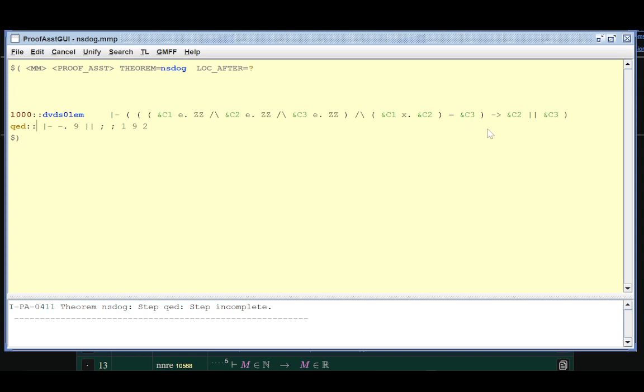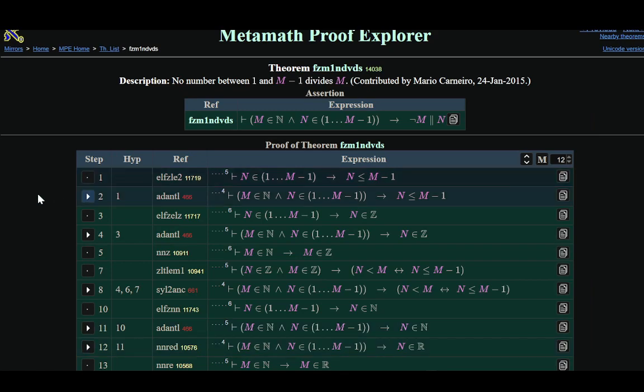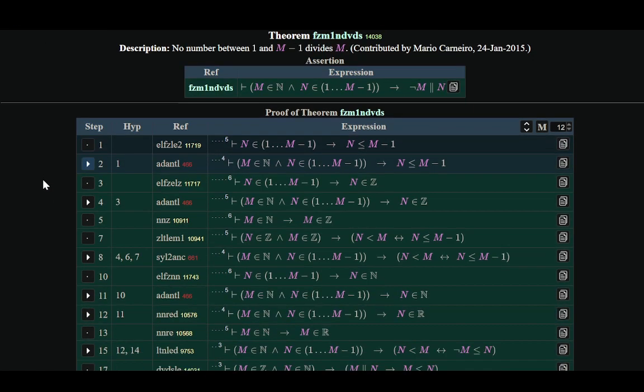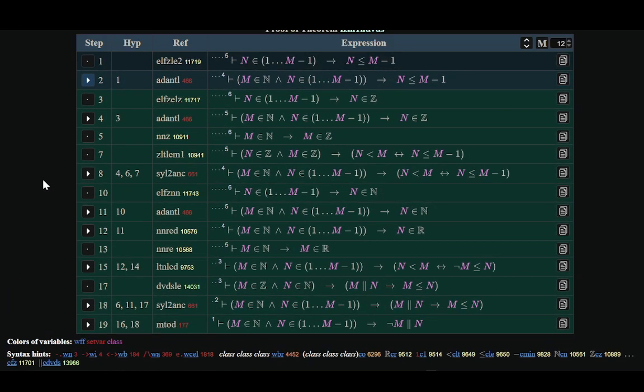It's interesting to think about how to prove it, because I don't think this dvds01lem is particularly useful, because that establishes that this is true, but it doesn't. We're going to need an if and only if statement. How have they done it here? It's stuff like this, right? No, that's not quite right.